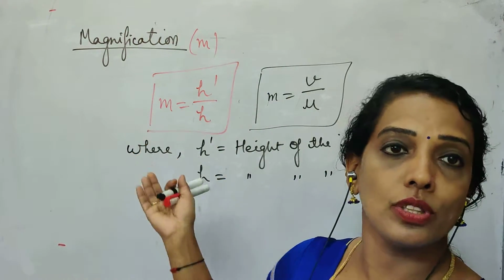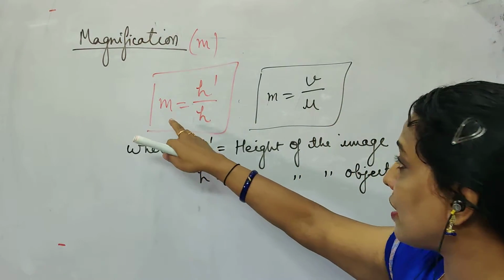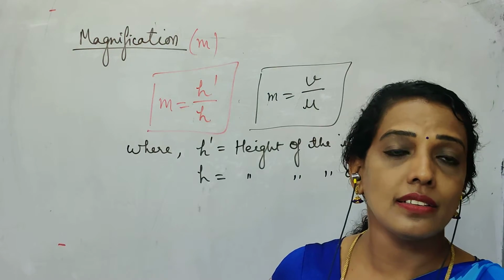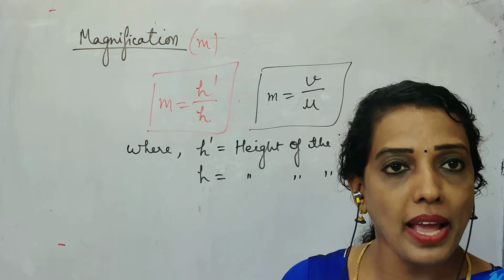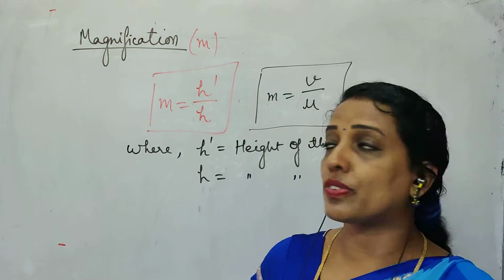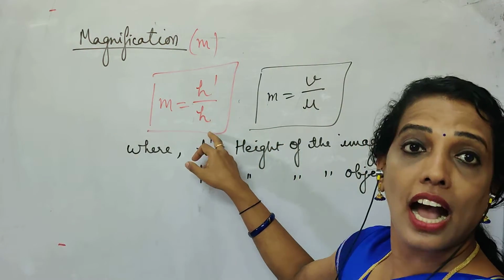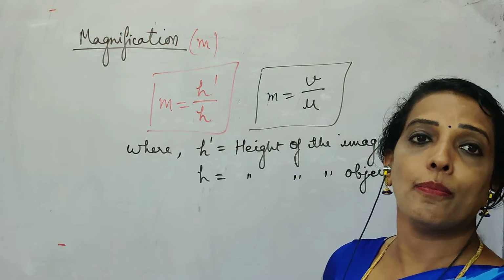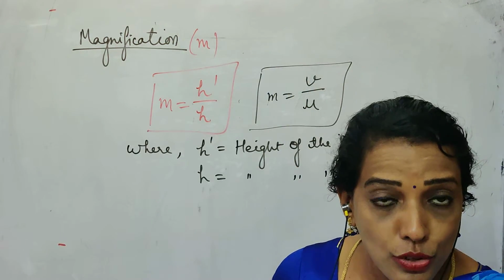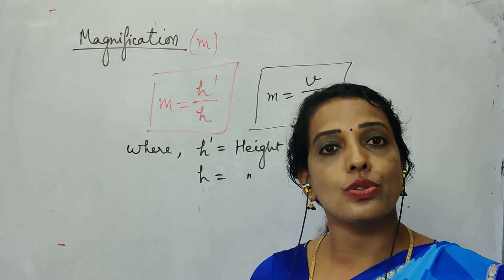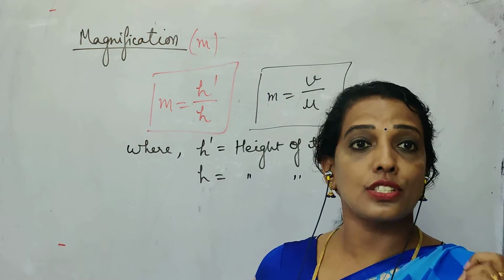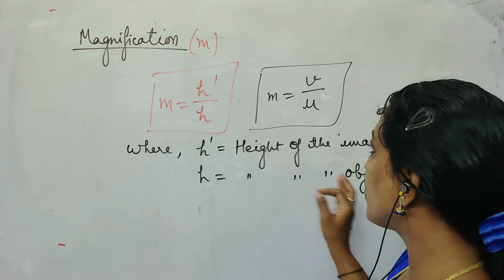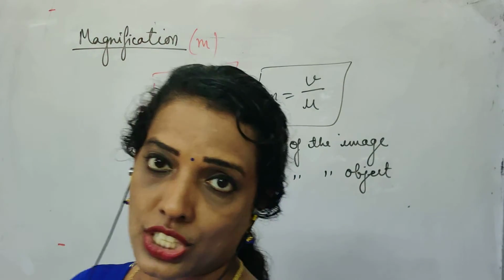Magnification is denoted by m, the height of the image is h dash, the height of the object is h, and it can be v upon u also, because magnification produced by the lens is also related to the object distance u and the image distance v. So that is your magnification.